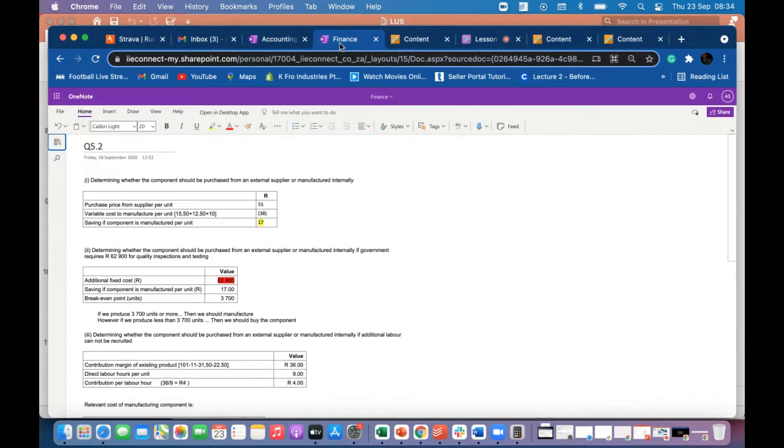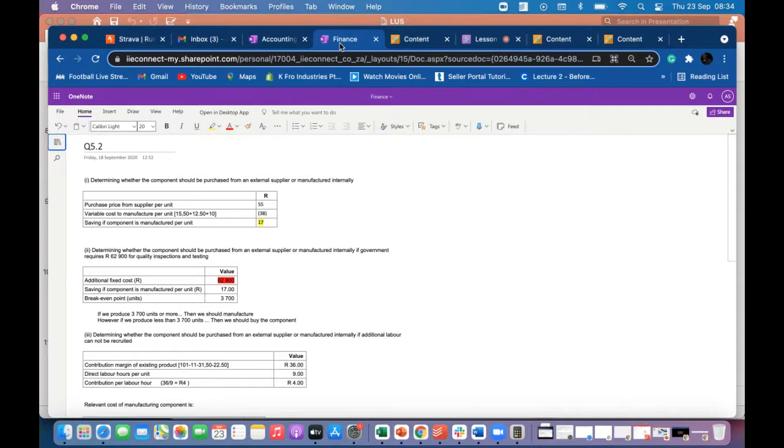Then we have the variable overheads, 5 hours per unit at 2 Rand per hour. Okay, that's how we're getting the 10 Rand. And then obviously fixed overheads, we have 5 Rand at 4 Rand 20 per hour. Okay, and that's how we're getting the 21 Rand there in the table. So the total cost per unit is then obviously 59 Rand.